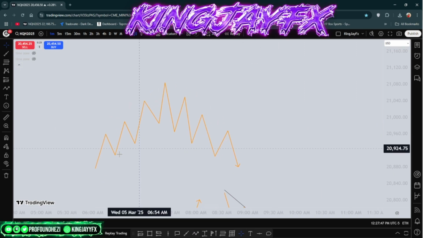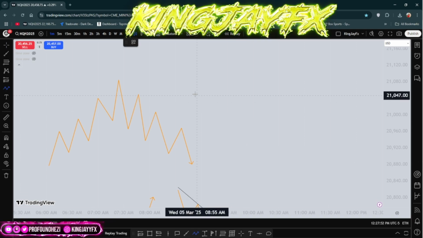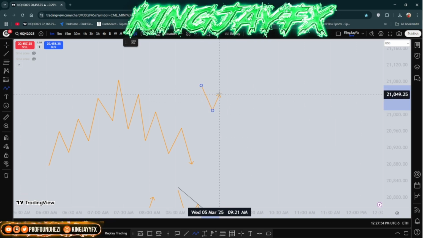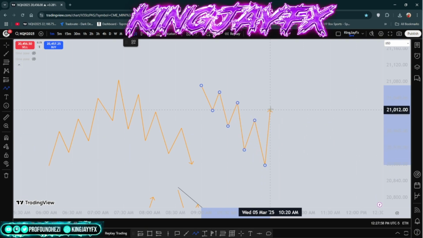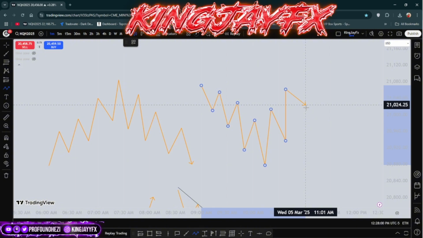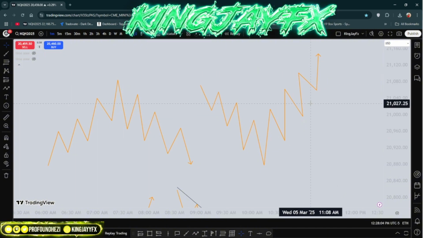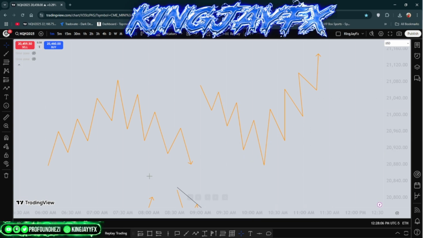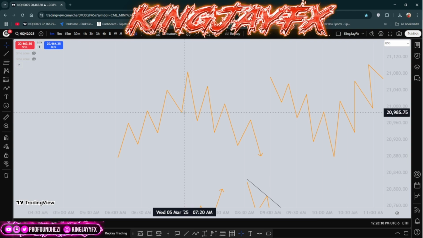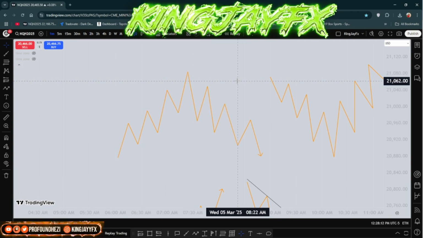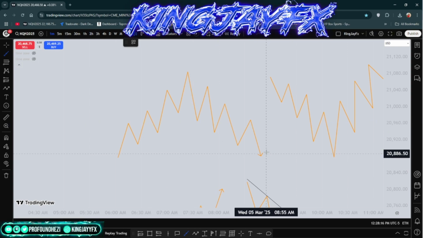What you're seeing here is an uptrend that switches to a downtrend. I'm going to give you another example here of when a downtrend switches to an uptrend. This is considered a reversal, but being able to identify when price breaks the structure will give you the best possible opportunity to get in for a sell.